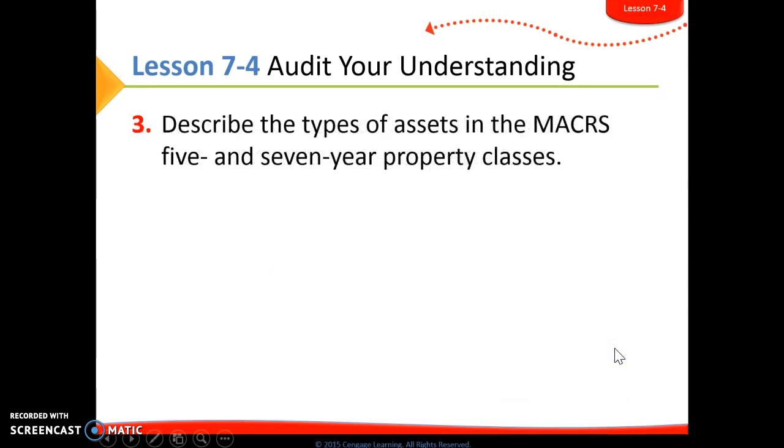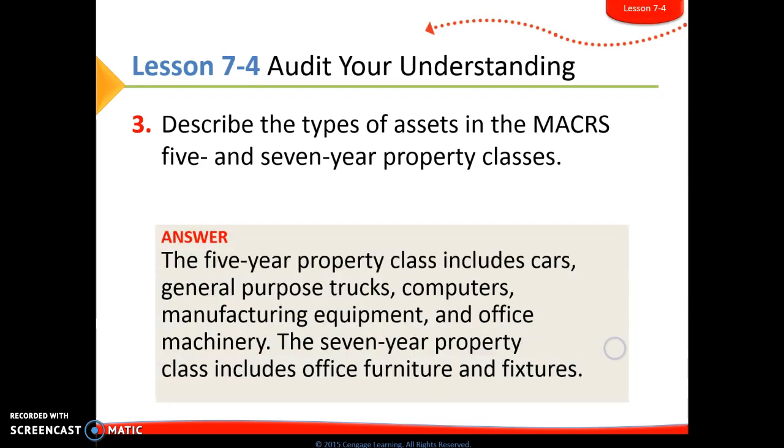Number three, describe the types of assets in the MACRS 5- and 7-year property classes. The 5-year property class includes cars, general purpose trucks, computers, manufacturing equipment, and office machinery. The 7-year property class includes office furniture and fixtures.